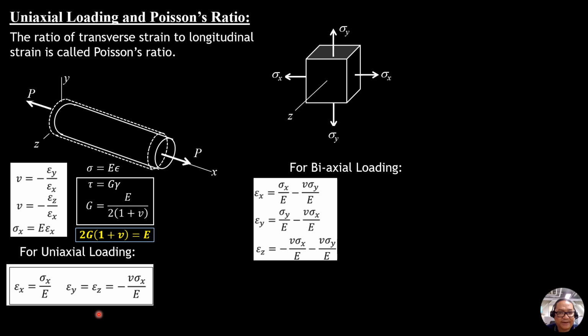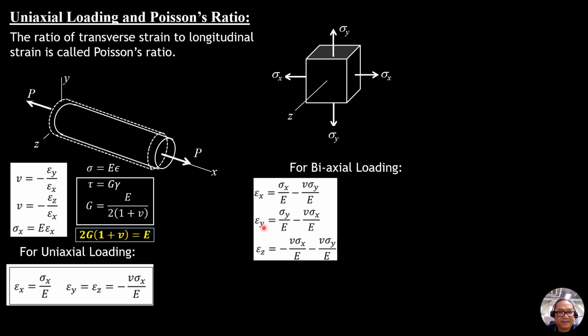Then along y, the effect would be negative, negative Poisson's ratio times sigma y, because we are talking about stress along y, divided by E. So sigma x over E, positive, then along the y direction, it's negative strain, Poisson's ratio, sigma y over E.